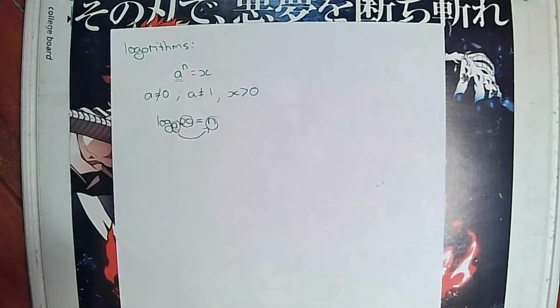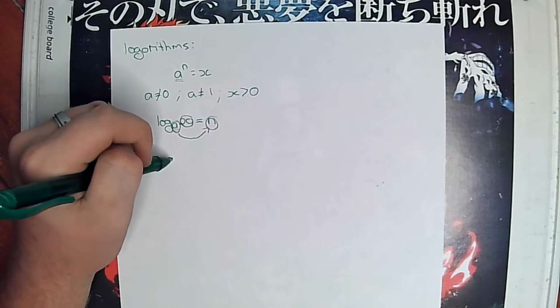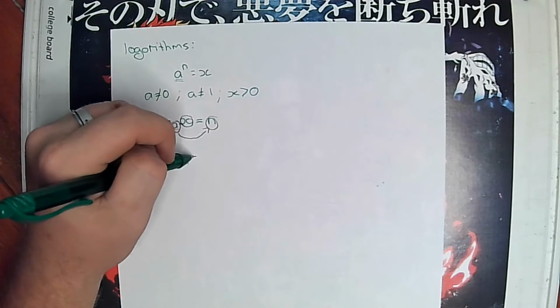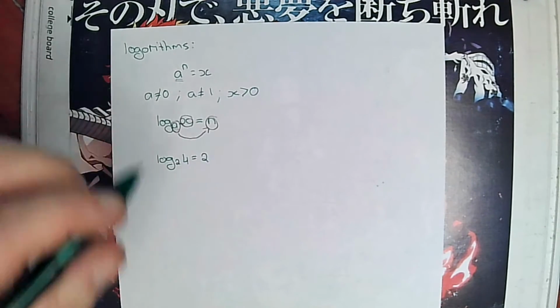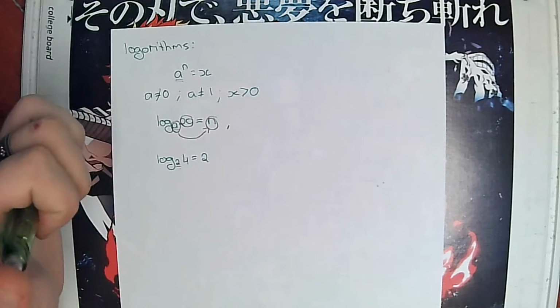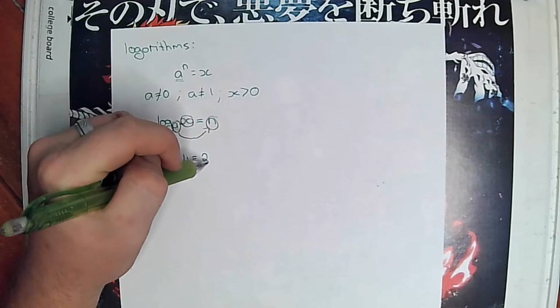So let's look at an example. For example, if we have log to the base 2 of 4 is equal to 2. What we know is that this is my base, and this is my exponent.